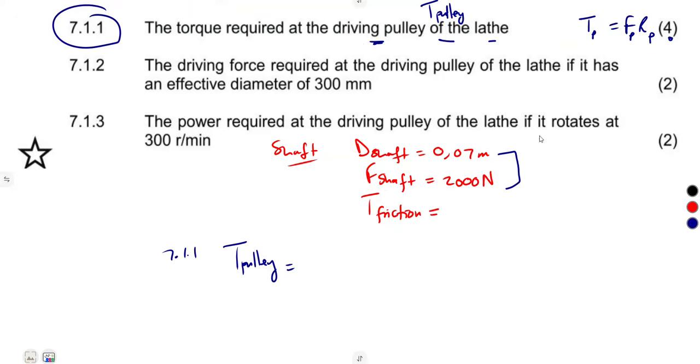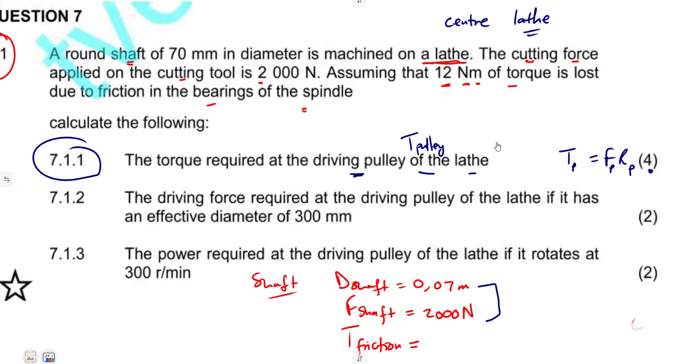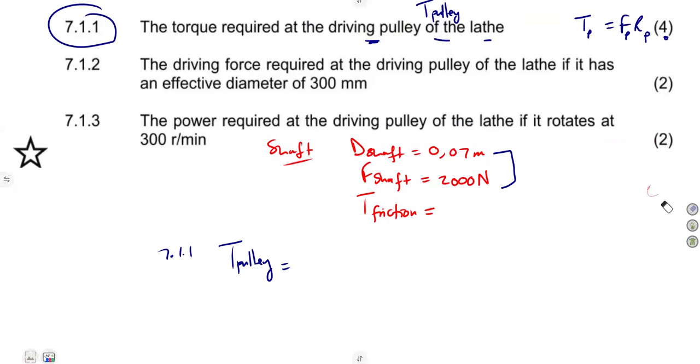Since we've got the torque of the friction, 12 Newton meter that we are given, we can use that one. We can find the torque of the shaft, and add these two to give us that of the pulley.